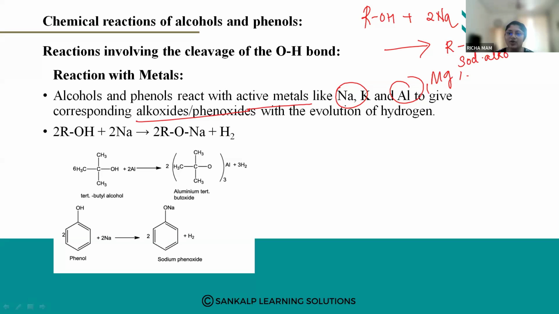This is a sodium alkoxide and hydrogen gas is liberated. So when you react alcohols with sodium, it forms a sodium alkoxide and hydrogen gas is liberated. You can see the reaction.